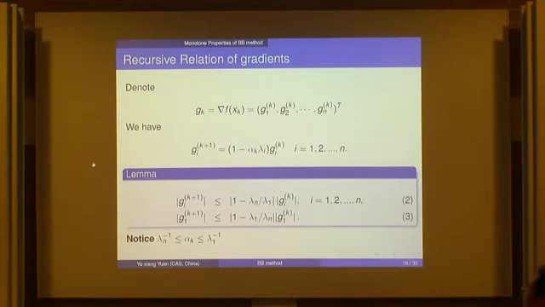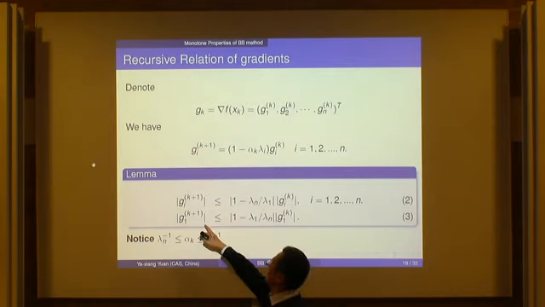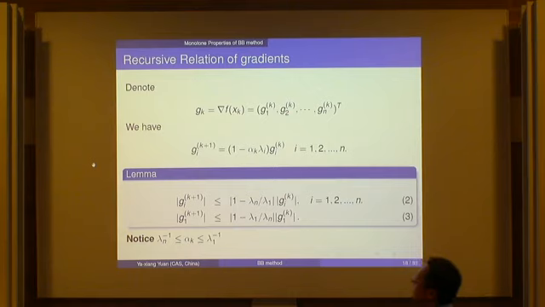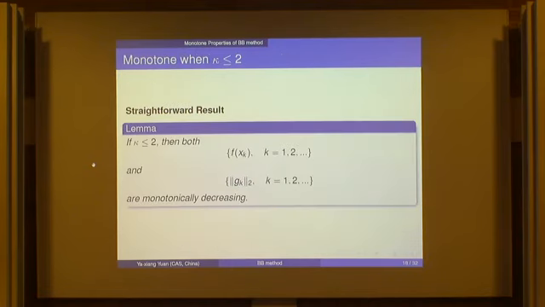Then we can easily give an upper bound on how each component will be reduced, and we are able to show that the first component will always get smaller and smaller. The trouble that makes the method non-monotone is that the later components can get enlarged.